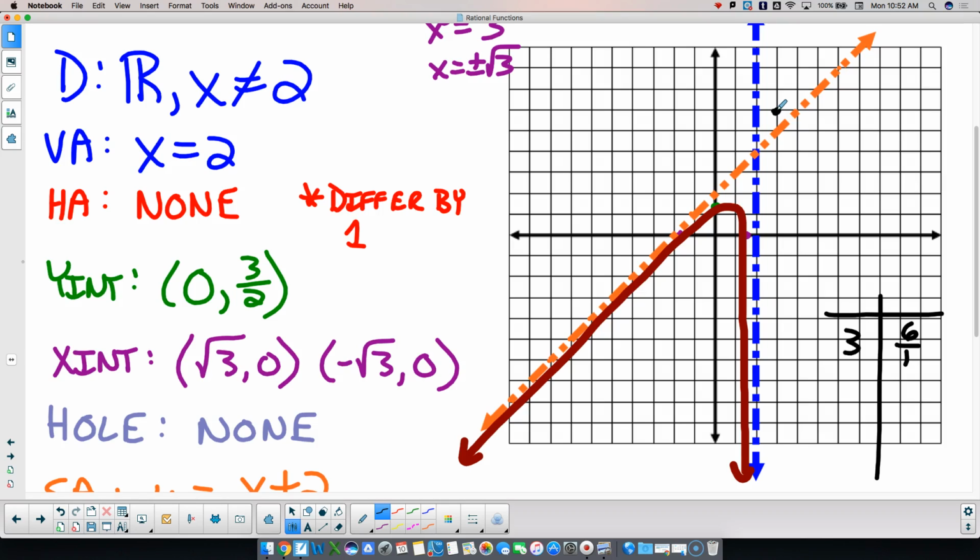Four squared minus 3 is 13. 4 minus 2 is 2, right? That's 6.5.